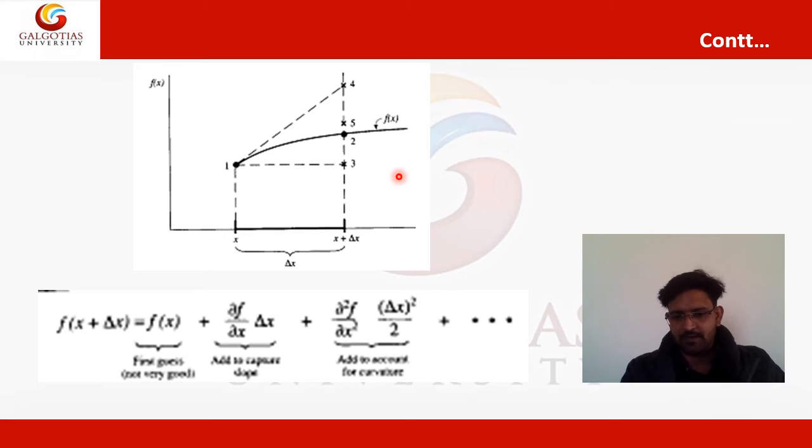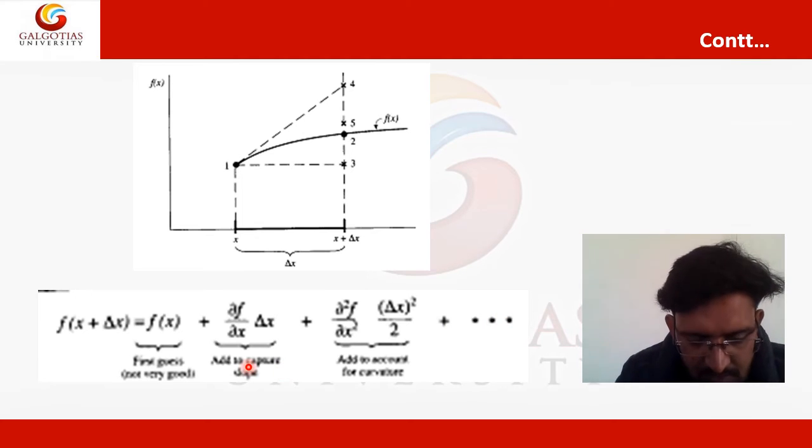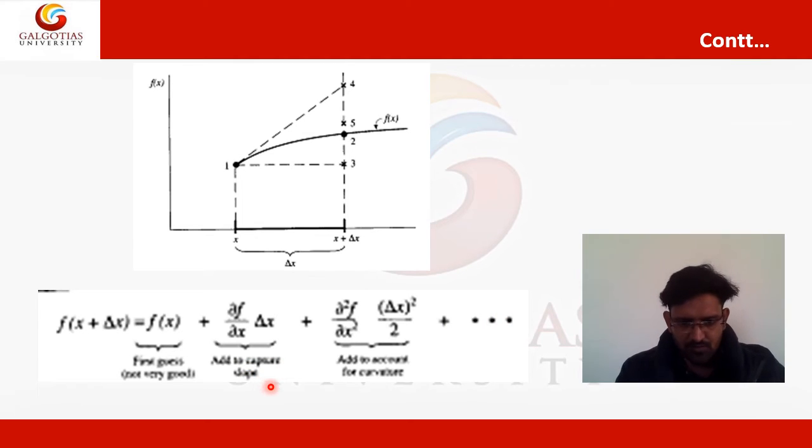So f(x plus delta x) is f(x), then del f by del x times delta x, plus del 2f upon del x2 times delta x squared by 2. So we start from f(x), add the delta x term to capture the slope, and then add the curvature term for the convexity. This is the idea.